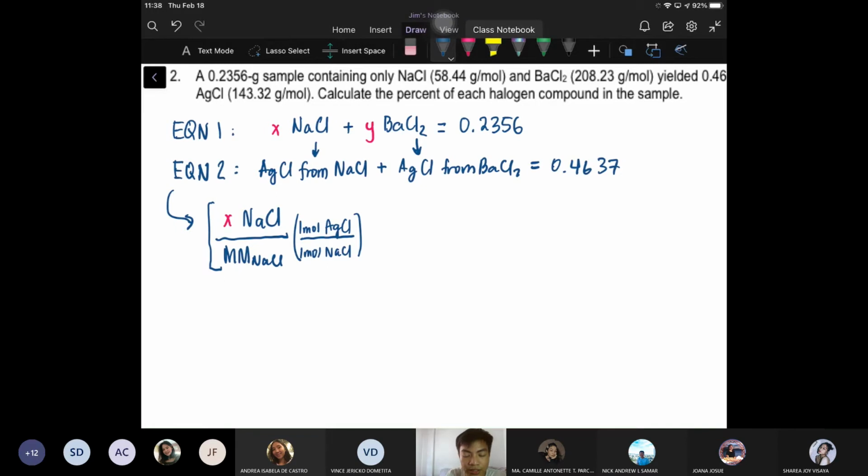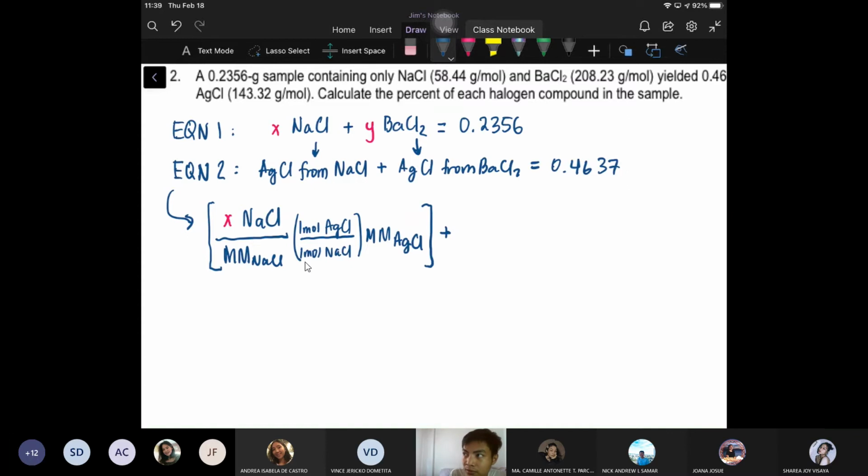Now we have the moles of AgCl. We're going to convert this into mass of AgCl, so you multiply it by the molar mass of AgCl. This expression will give us the AgCl from NaCl.